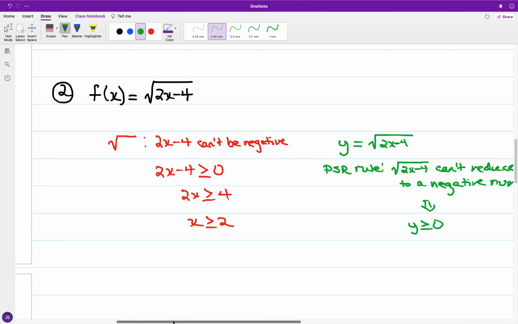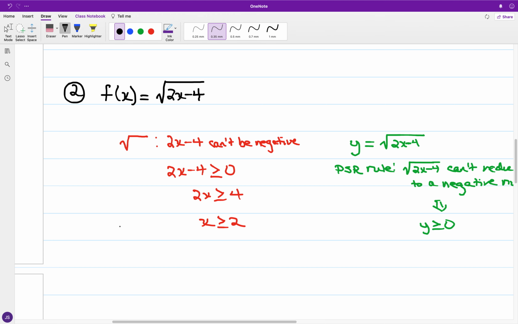And just for the function f of x, we have for the domain values of x greater than or equal to 2, and utilizing interval notation, starting from and including 2, going out to approaching infinity.